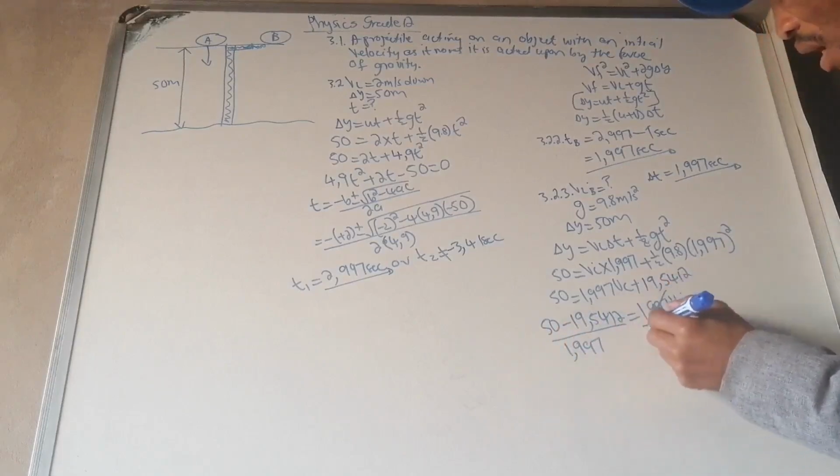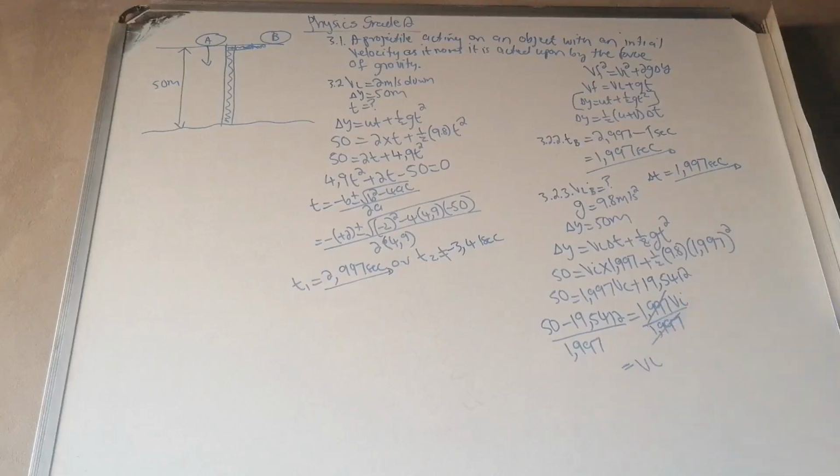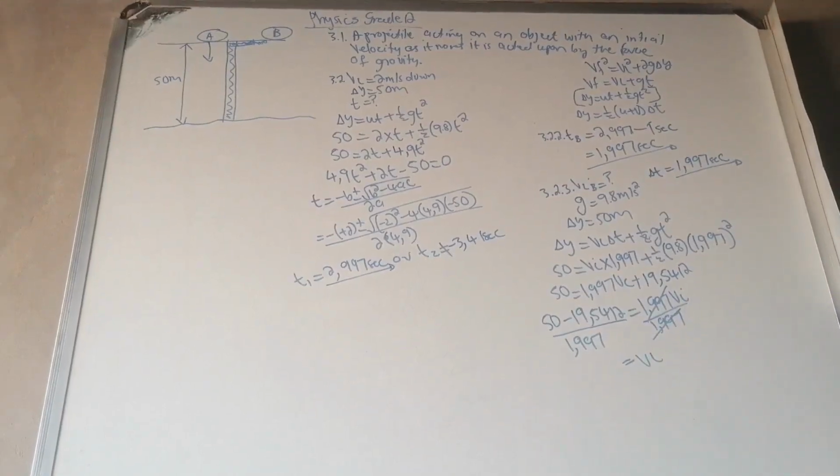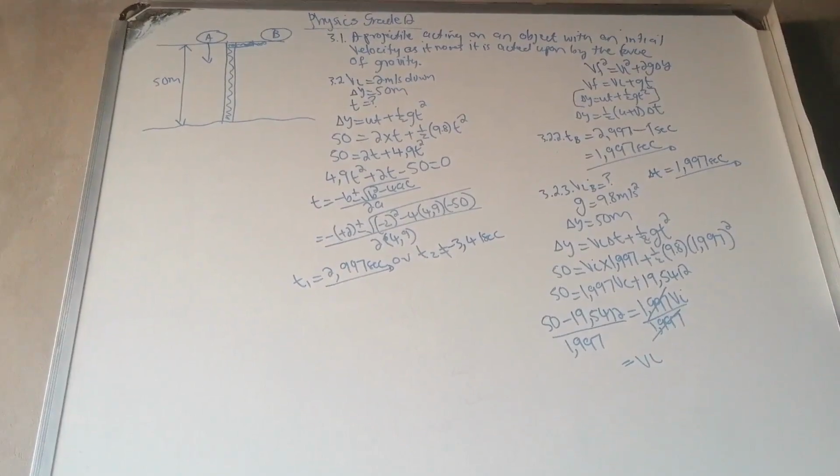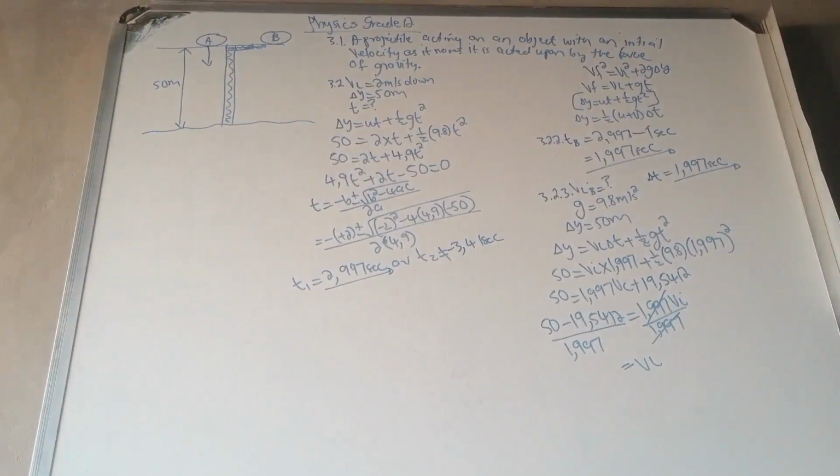Divide by 1.997, and my initial velocity will be, let's try and check, 50 minus the answer that I've just found, and I will divide this by 1.997, and I'll find an initial velocity of 15.25225.